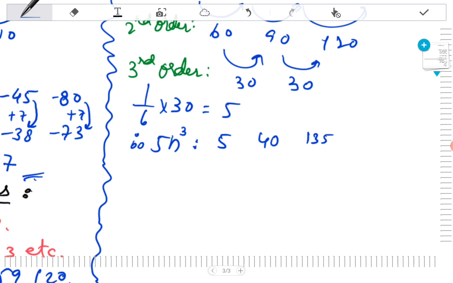Then 320 and 625. You can try different values of n.